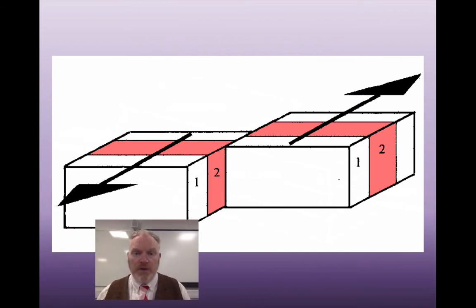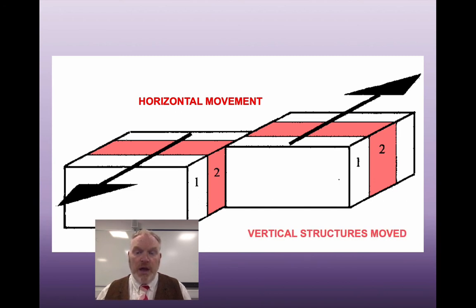The final of our models then, we already know is a strike slip fault. Here the terms up throw, down throw, hanging wall, foot wall don't apply because we don't have any vertical movement. What we see here is horizontal movement. This horizontal movement is shown because we have vertical structures here that have been moved, they've been displaced.